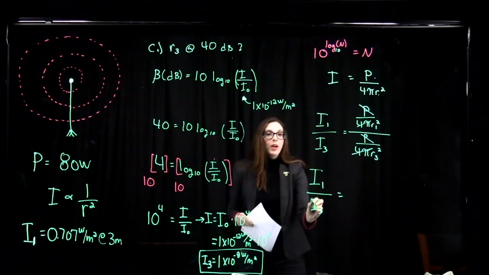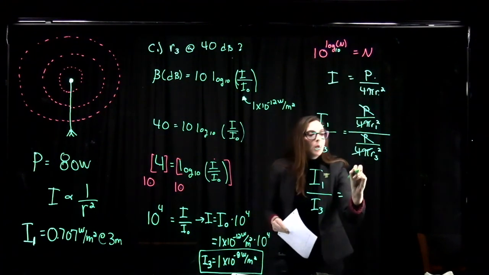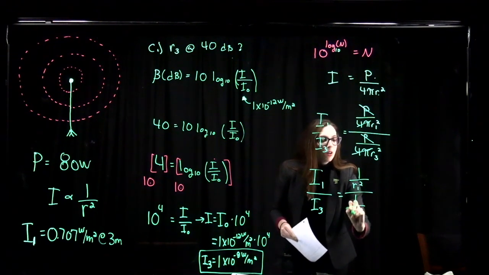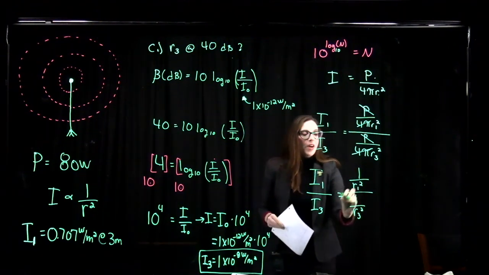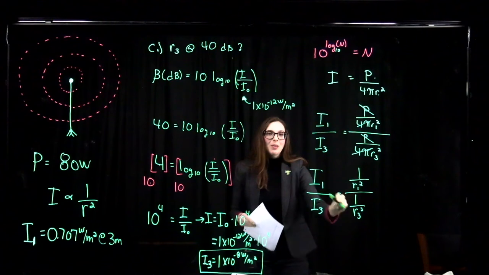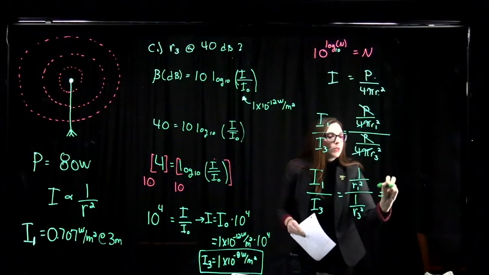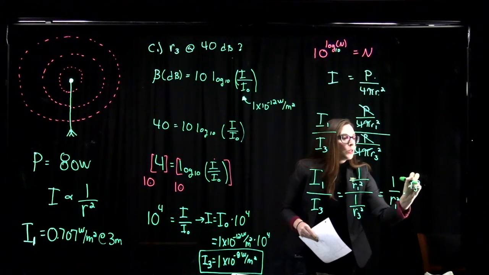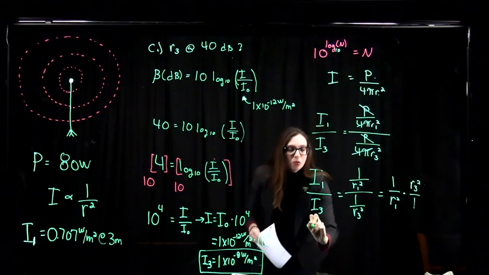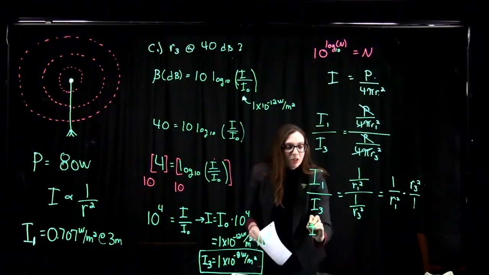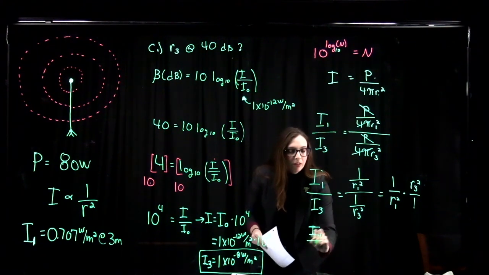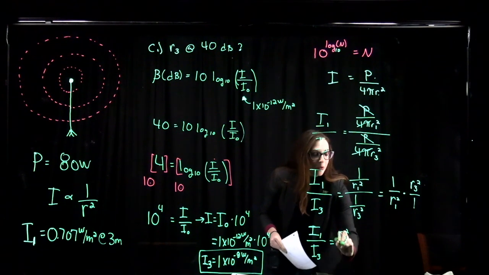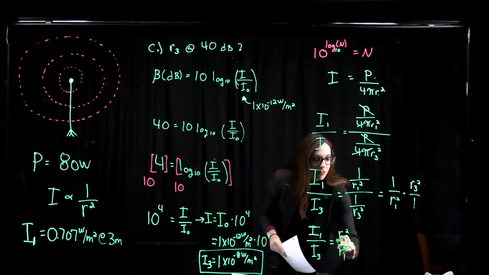Then we have I1 over I3 equals 1 over r1 squared divided by 1 over r3 squared. Here we're dividing by a fraction, which is the same thing as multiplying by the reciprocal. So this is equal to 1 over r1 squared times r3 squared over 1. So I now have this expression that says I1 over I3 equals r3 squared over r1 squared.